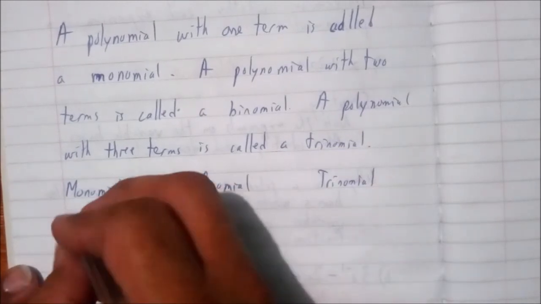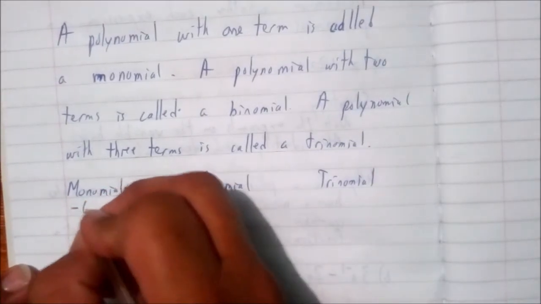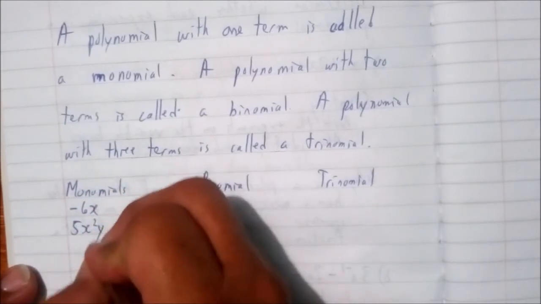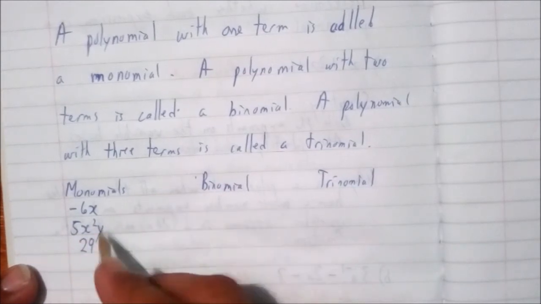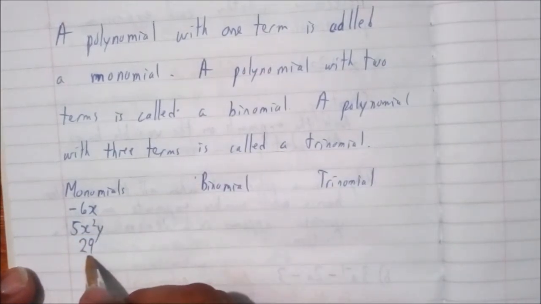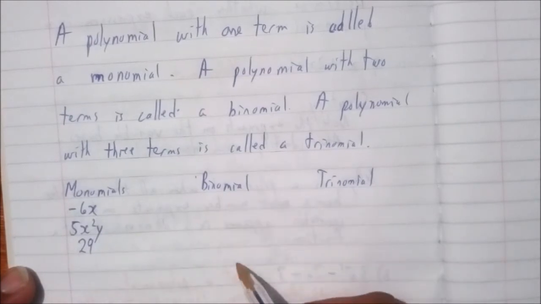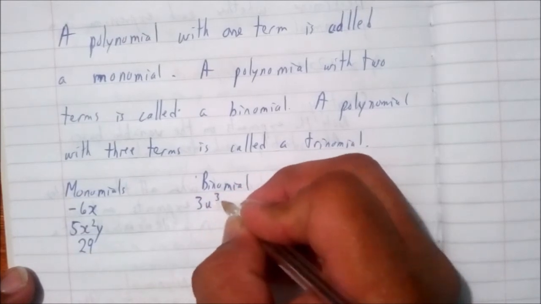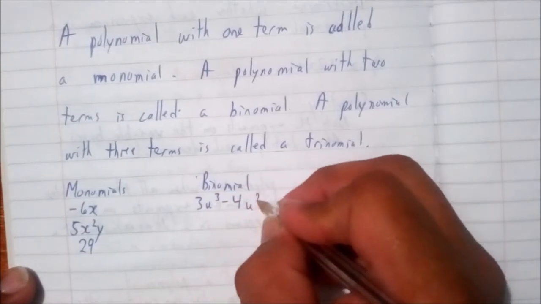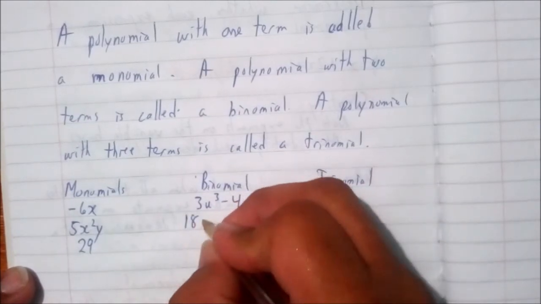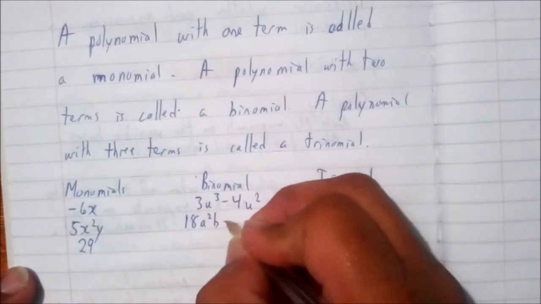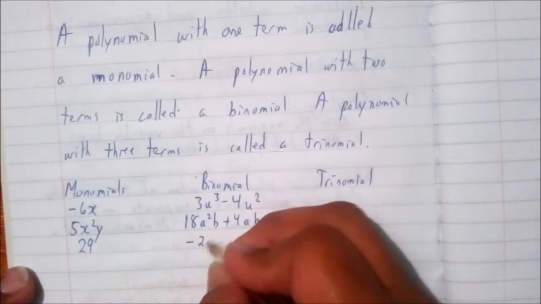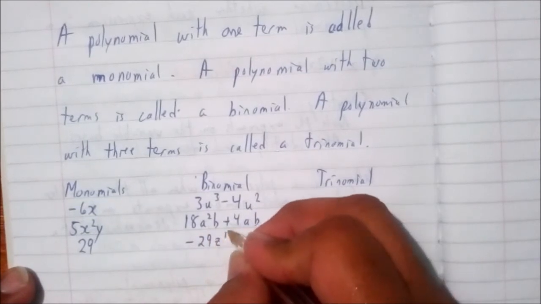Okay, so this is a monomial: negative 6x, 5x squared y, 29. These are three monomials. Binomials now: 3u cubed minus 4u squared, 18a squared b plus 4ab, negative 29z 17 minus 1.